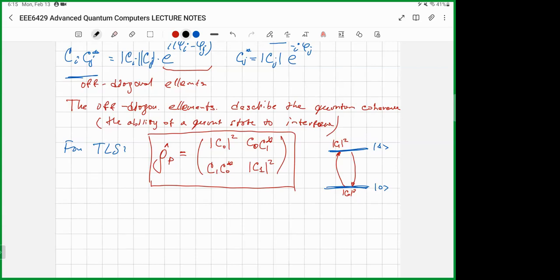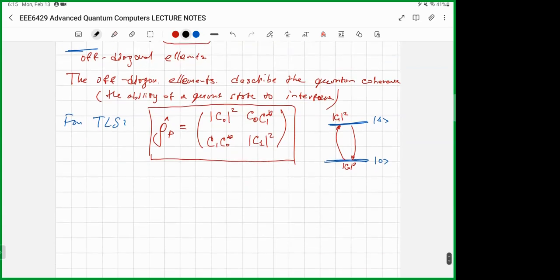And this is for the pure state: no dissipation, no interaction with external systems, just a quantum system as it is.